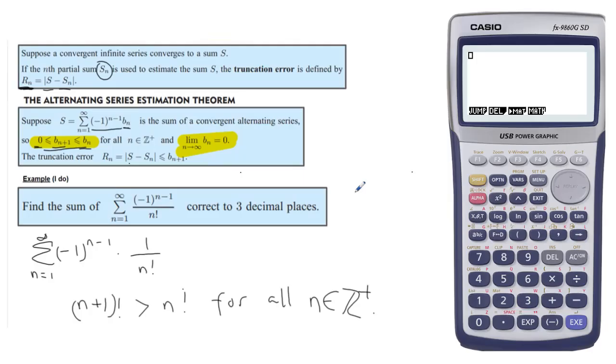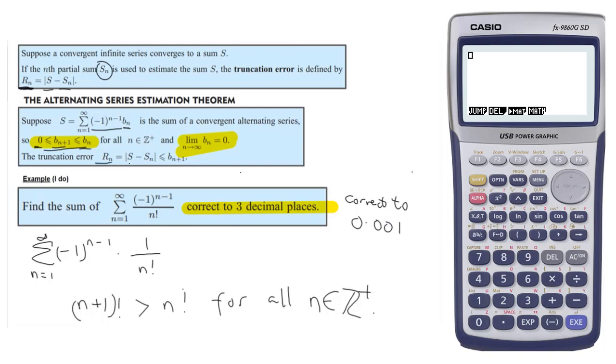Okay, so now we have shown that we have the sum of a convergent alternating series. We can then go into the actual question, which is asking us to solve this correct to 3 decimal places. Remember, if something's correct to 3 decimal places, then it means to be correct to the nearest 0.001.